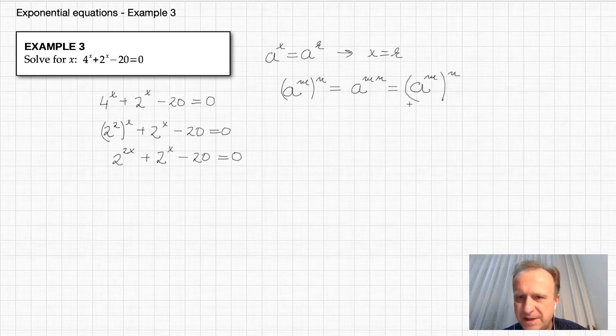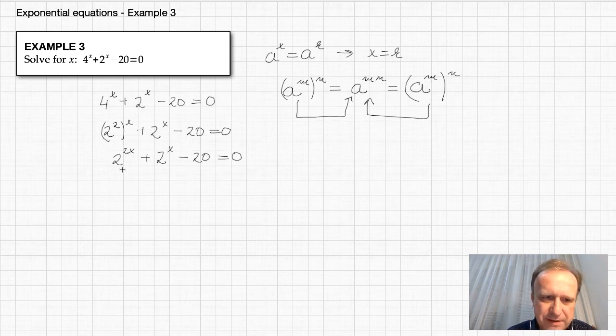Because if you have something like that, you end up here, as well as you ended up here in this form when you started from this initial form. So a to the power of m all to the power of n is the same as a to the power of n all to the power of m. Therefore, this one can be replaced by 2 to the power of x all raised to the power of 2 plus 2 to the power of x minus 20 equals 0.